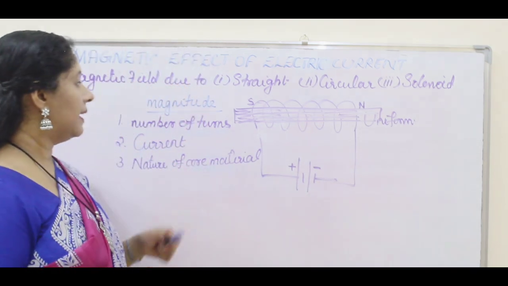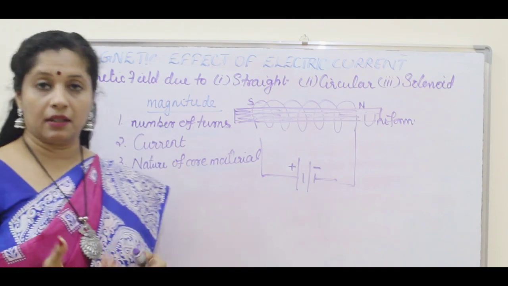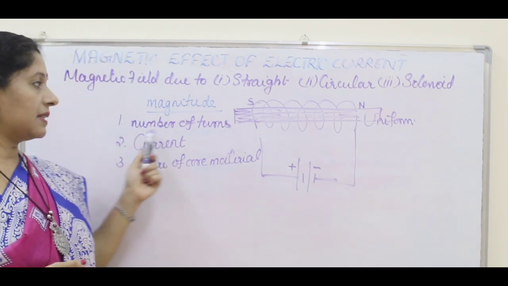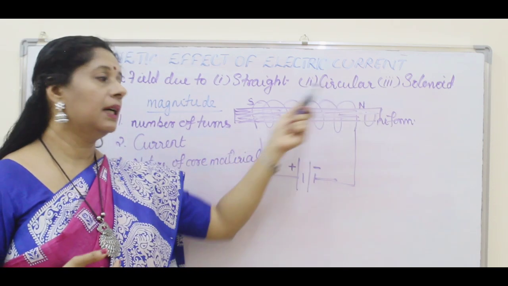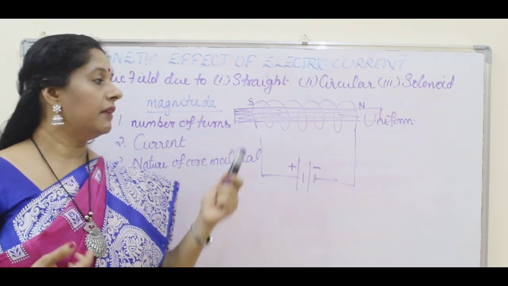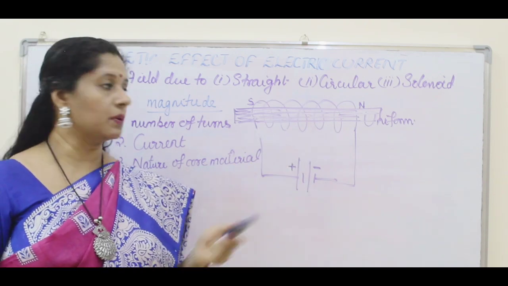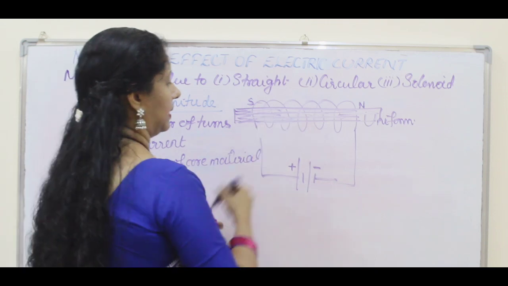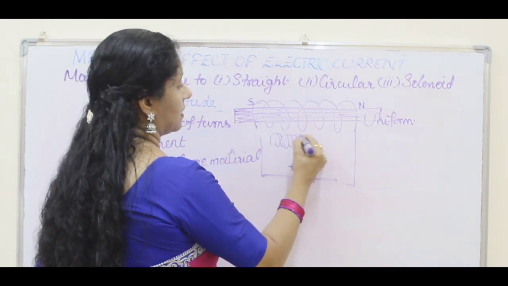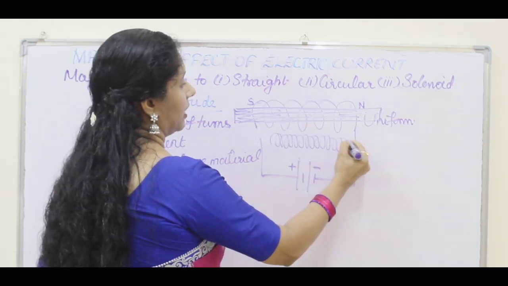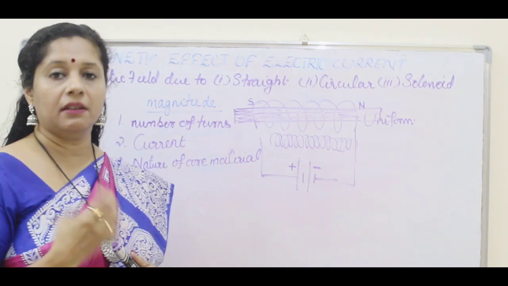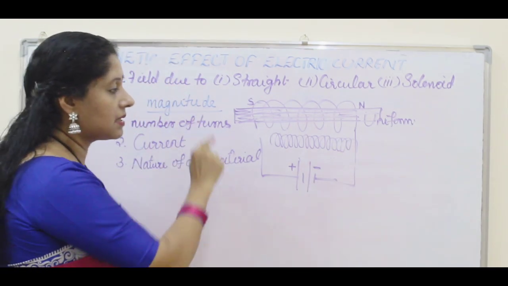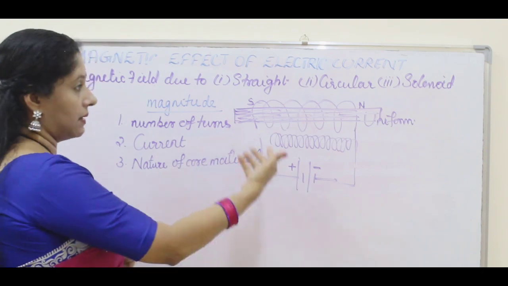Now we will see what are the factors on which the field strength depends. First, as we said about the circular loop, by increasing the number of turns, we can increase the magnetic field. Instead of a single loop, I am taking a coil with very close turns. With more turns, the field will definitely be more, because each circle is producing a field.